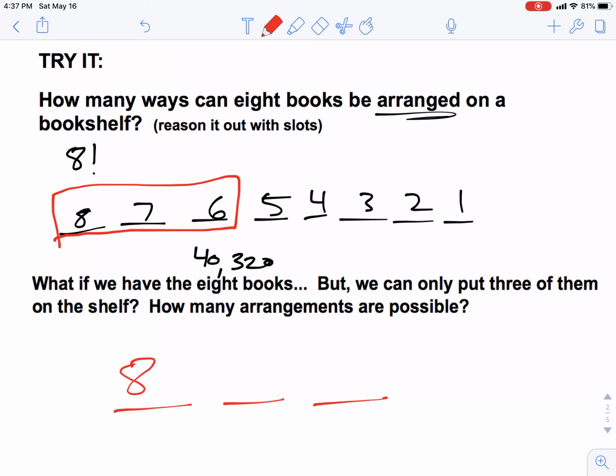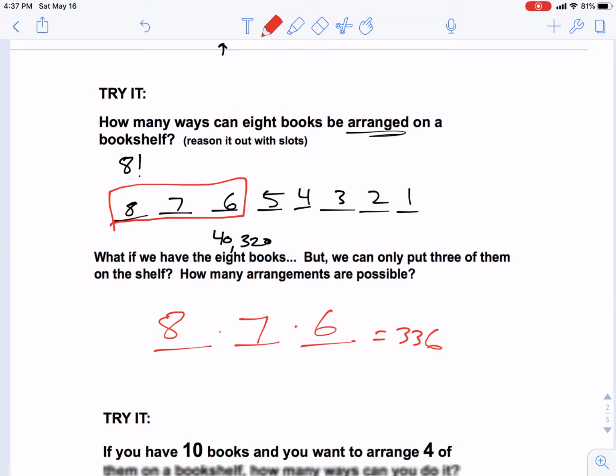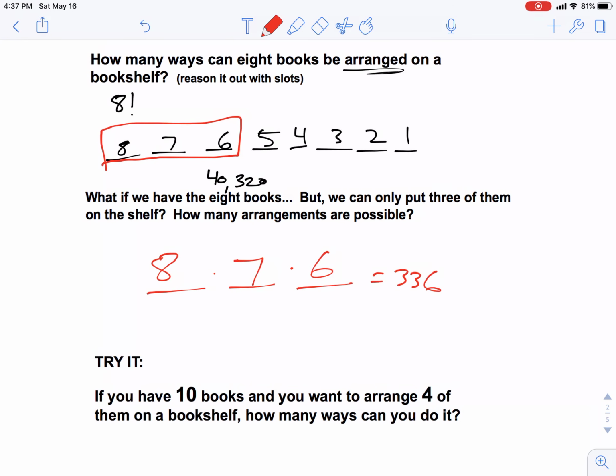We have 8 books to choose from. We pick one. Now we only have 7 books to choose from. Now we have 6. We pick one out, and then we run out of space. So we're only going to talk about 336 arrangements if we're only taking 3 of those 8 books. Okay, this is what we would call a permutation.